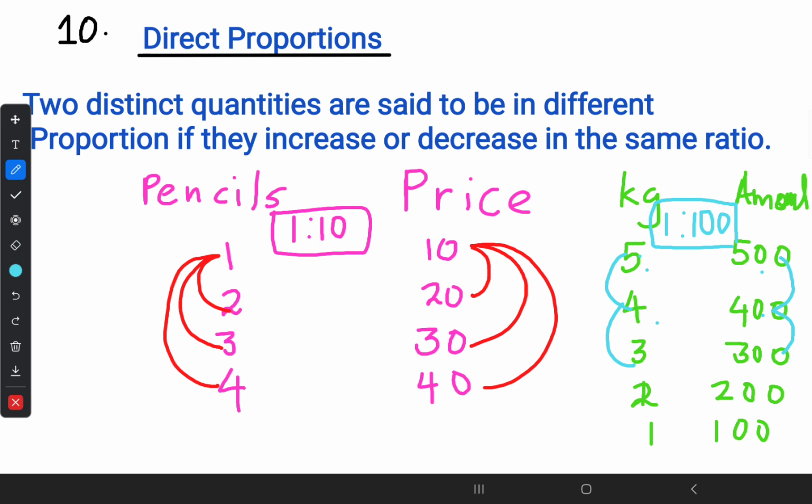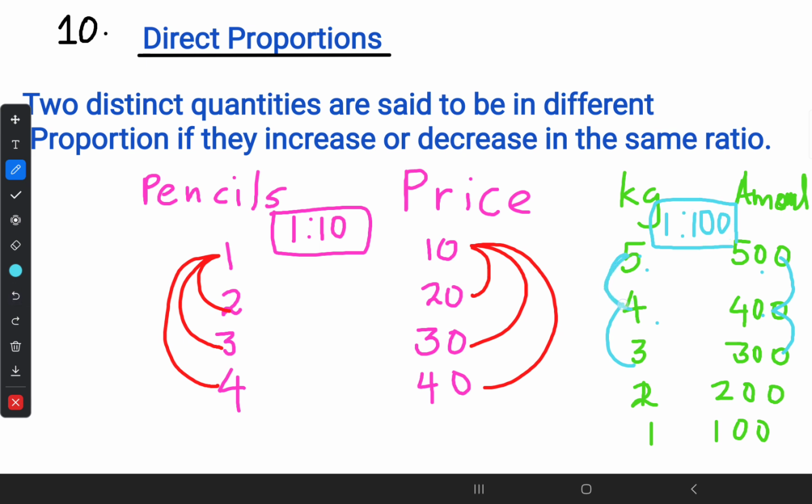And one more thing, you should understand that if the quantity in kilograms decreases by 1, it does not mean the amount should also decrease by 1. If I go from 5 kilograms to 4 kilograms, it does not mean 500 to 499. Here we are using the ratio, that is the keyword. If 1 kilogram is decreased, the amount decreases by its respective ratio value, which is 100.